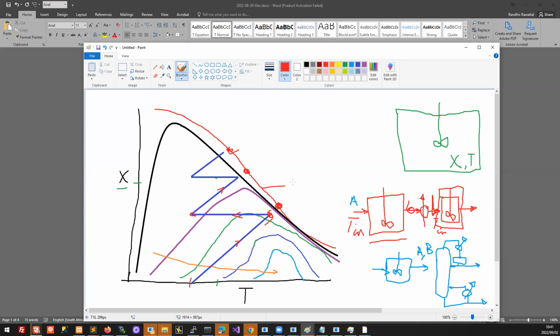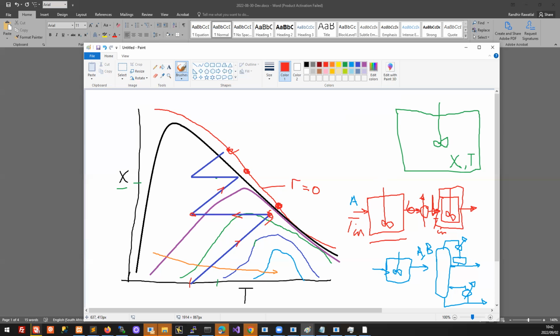The equilibrium line, the definition of it is the net rate is zero. The reverse and forward rates balance, so the net rate is zero. And for me to operate on a net rate of zero, I will need an infinite size CSTR. So I don't want to try and build an infinite CSTR in the real world. I want to choose some rate that's not zero.